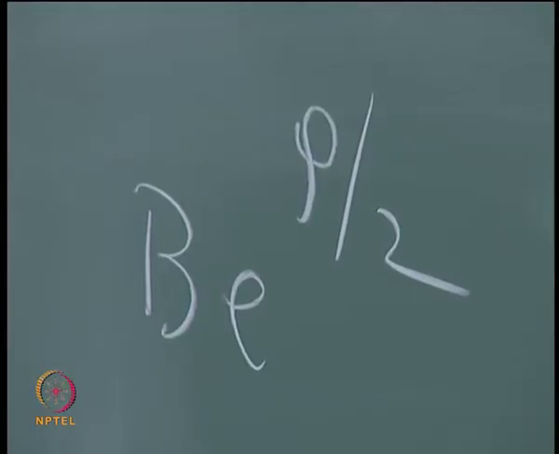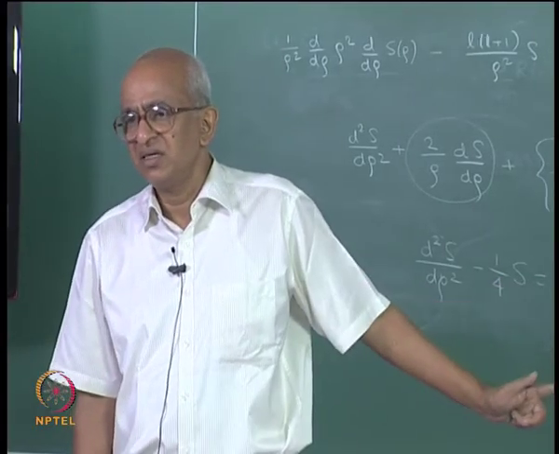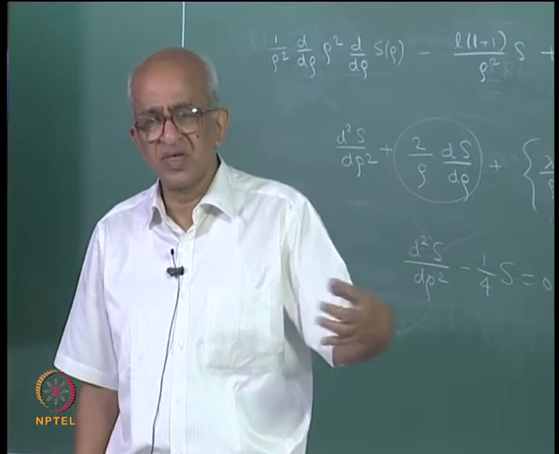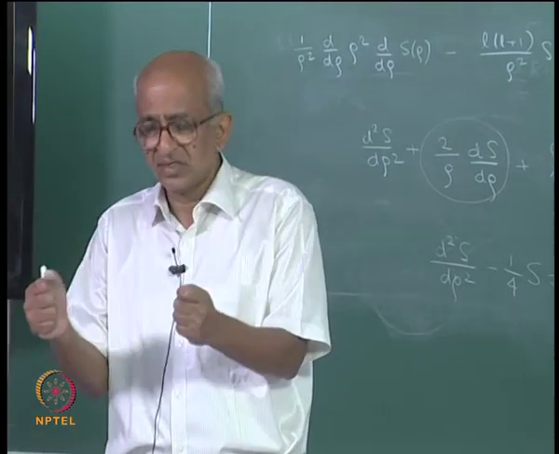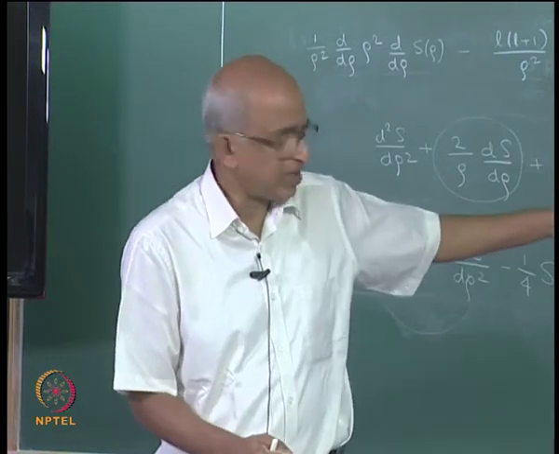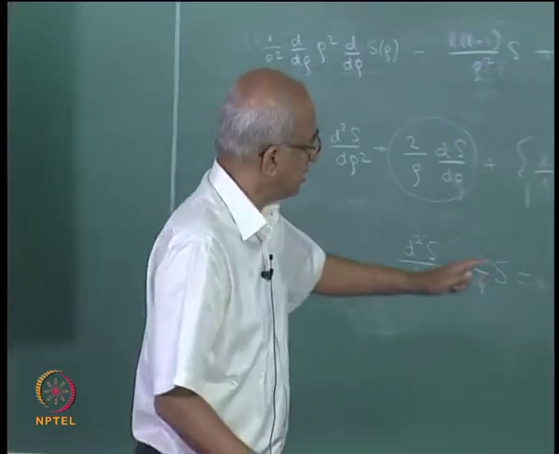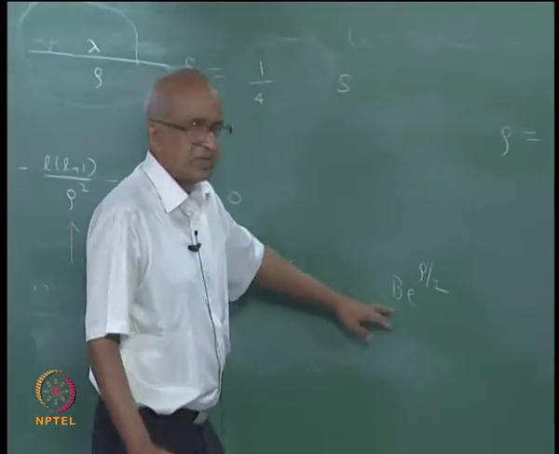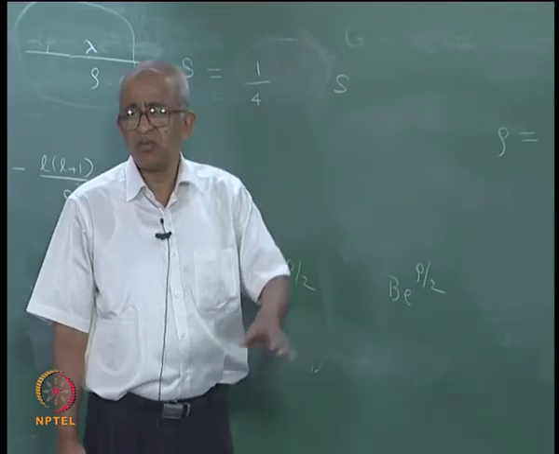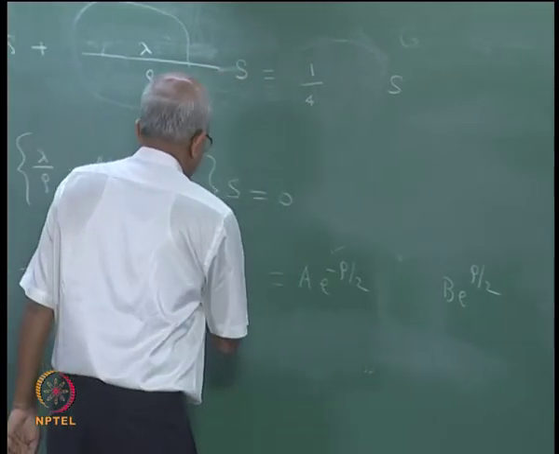The second solution, which is e to the power of plus rho by 2, cannot be acceptable, because when the value of r becomes very large, r is my distance of the electron from the nucleus, naturally rho will become very large, and then the second solution will become very large. It will go to infinity, and so it will not give me an acceptable solution. So, therefore, the only possibility is to have this as the solution.